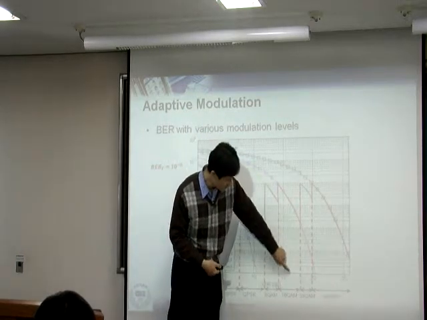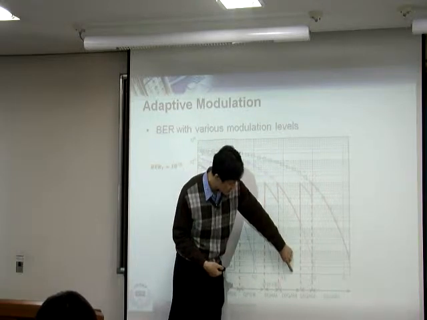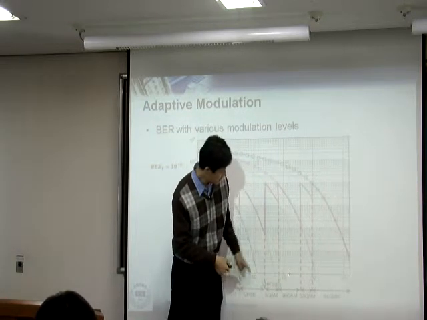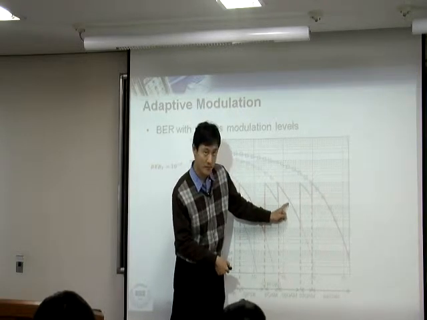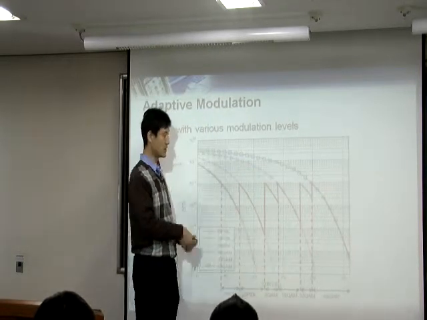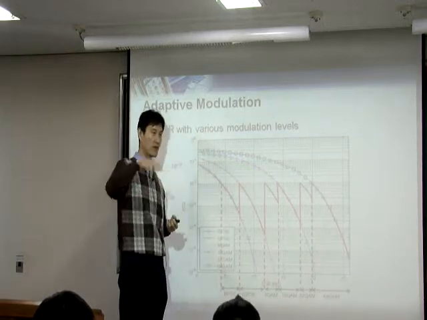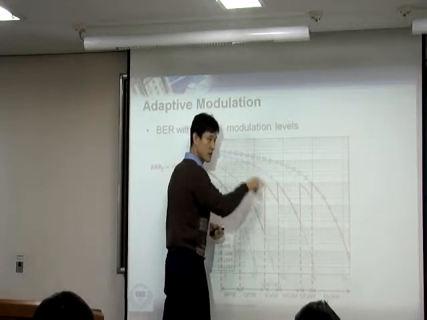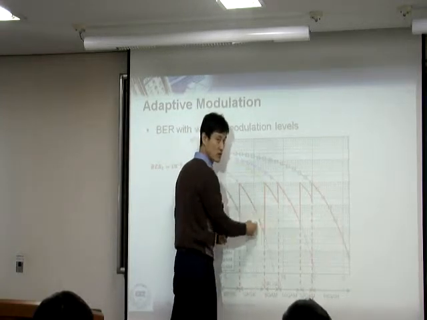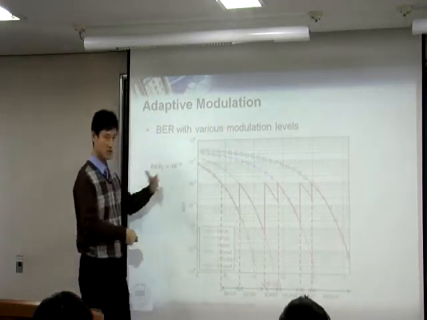Your instantaneous SNR, for example, is like 17. In that case, you can use this modulation, which is 16 QAM. So as the channel varies, sometimes you use this modulation, sometimes that modulation, depending on your fluctuation. That's how you change the modulation level.